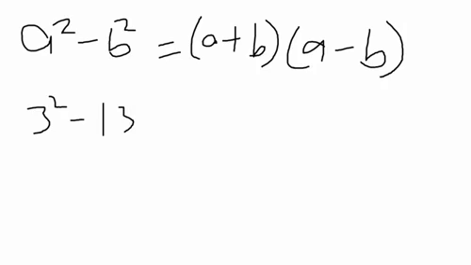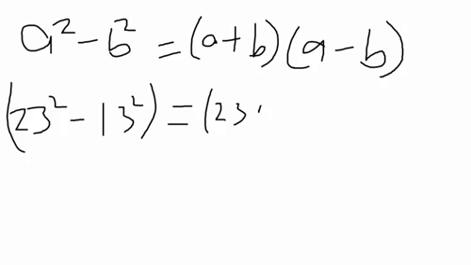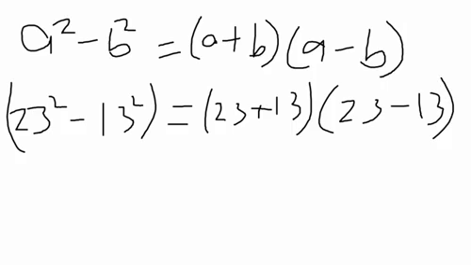23 squared minus 13 squared. Then you have 23 plus 13 and 23 minus 13. I'm sure you can finish this from this particular point, and you can use your calculator to get the value of this and check if you're actually correct.